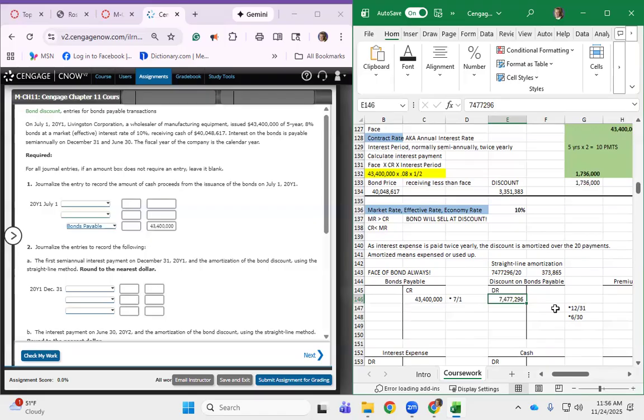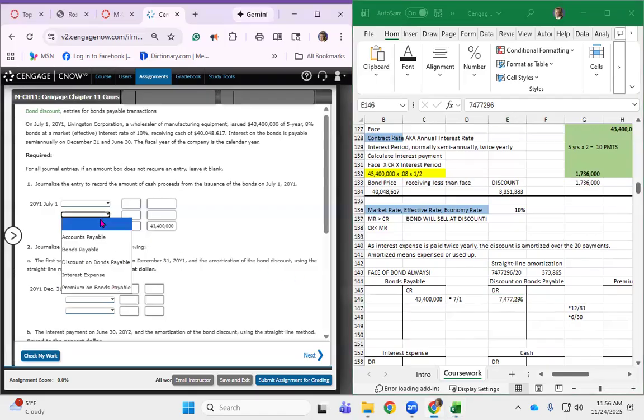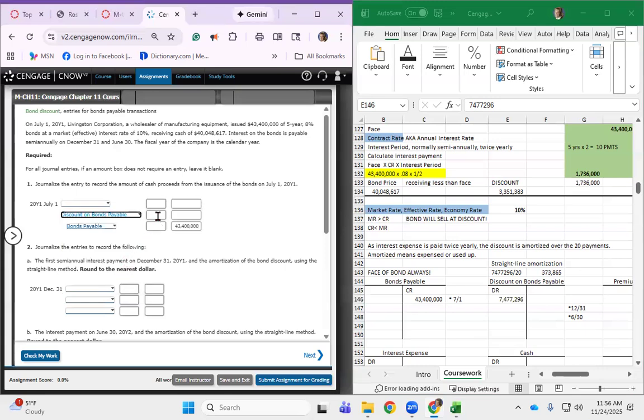A premium, which we'll do next, always has a credit balance. So the amount that you put down for your discount needs to go in this account. Okay, so that's going to be one of your debits. You need to calculate how much that is. So the difference between the face of your bond and your bond price is that discount.